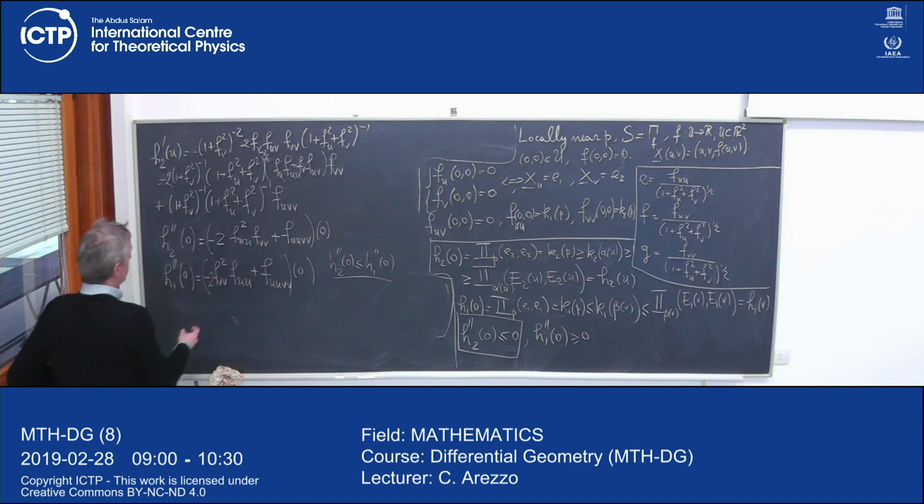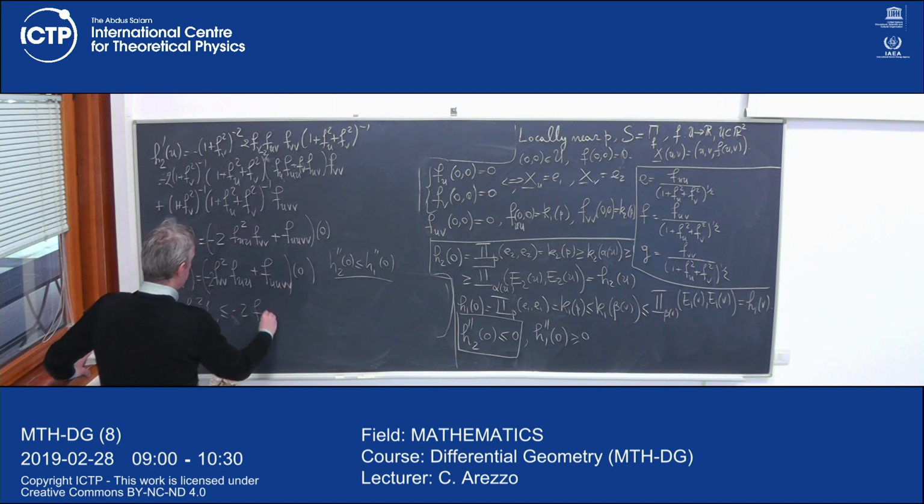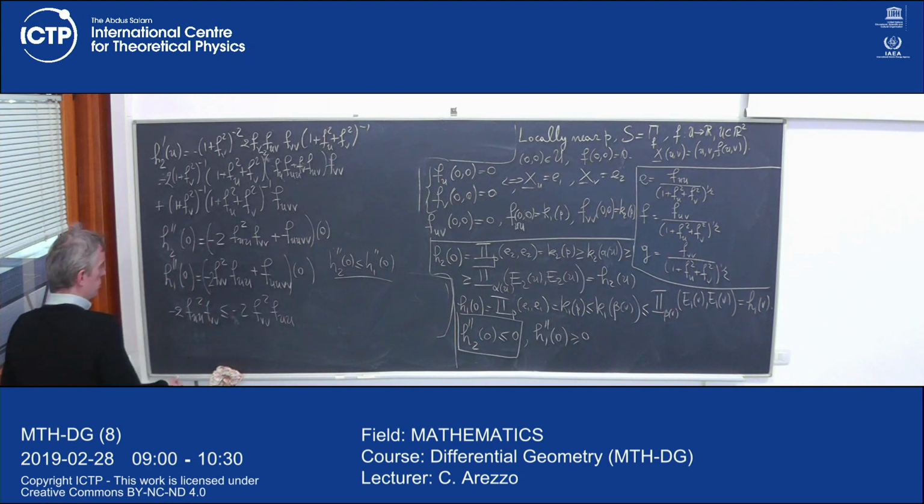So in fact, what we got here in terms of F is that minus 2 FUU squared FVV is less than or equal to minus 2 FVV squared FUU, which I think, so this 2, you see, I think it's irrelevant. Okay, so in particular means what?